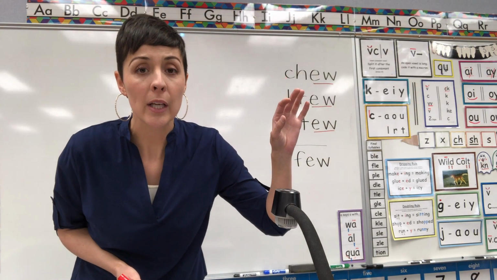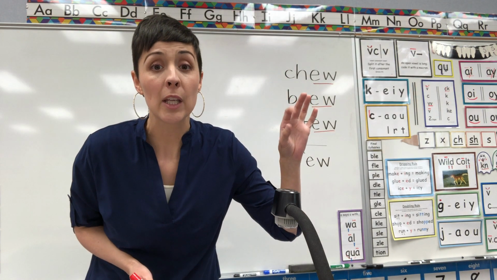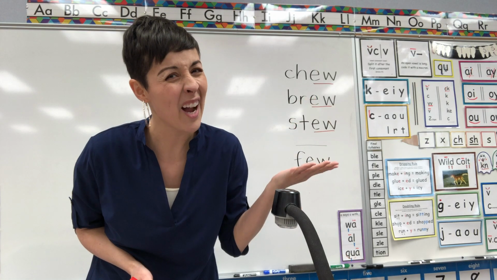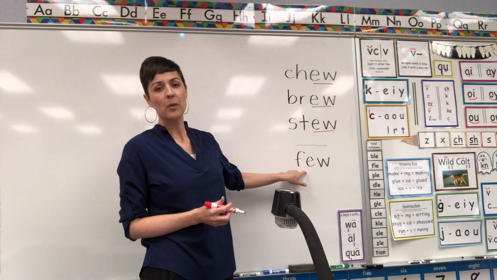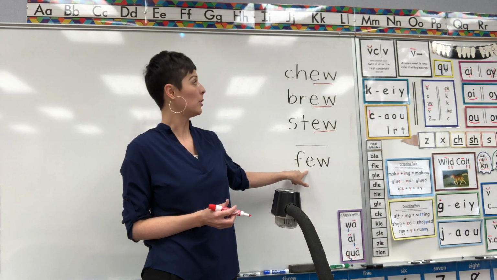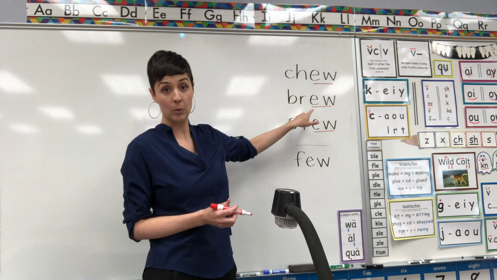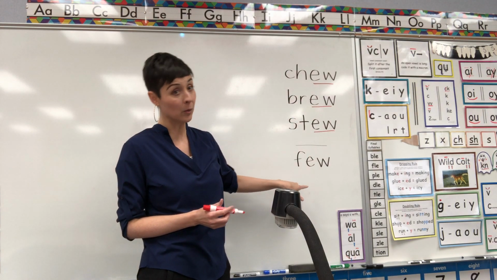Few, you, you. Will you do it and see if you can hear that? Ready? Few, you, you. Do you hear how it's saying the U sound? So that tells me that even though there's an EW, it doesn't always say the same sound. EW can say ooh, ooh, ooh, or it can say you, you.